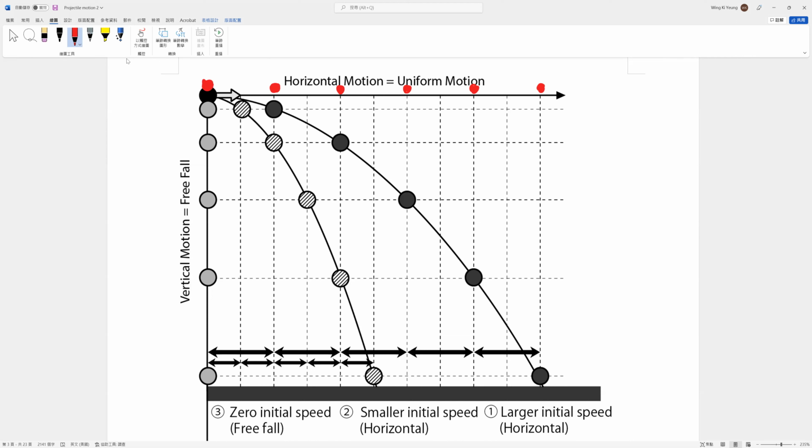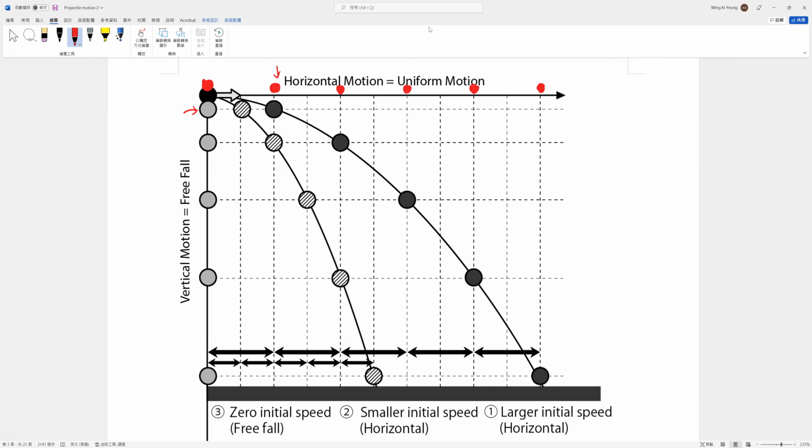The black one always has the same horizontal position as the red one, and also always has the same vertical position as the gray one. Can you see it? That's what I mean by projectile motion. The motion of the black one is a combination of the red one and the gray one.